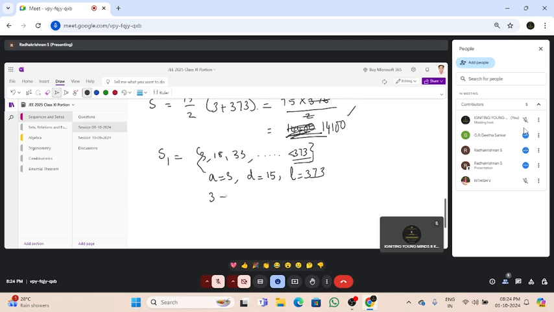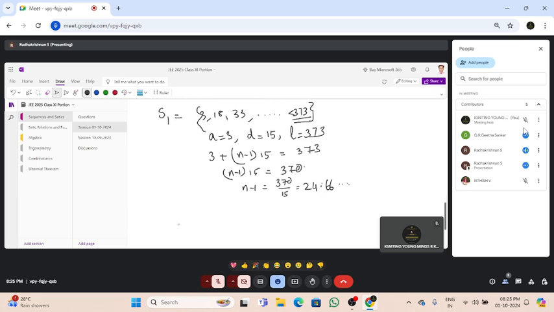It's coming like 24.66. So n equal to 25.66 comes. Now what do you do?